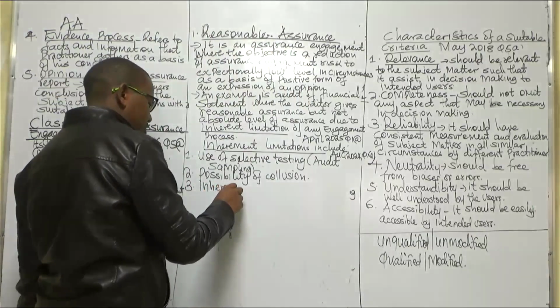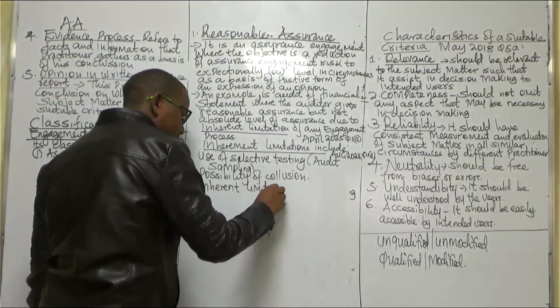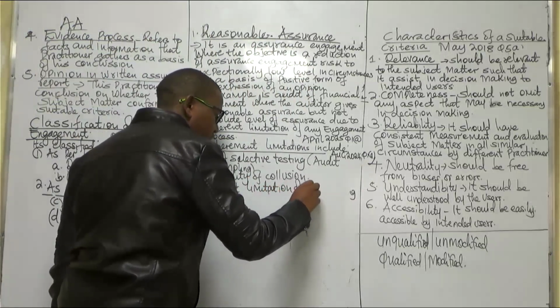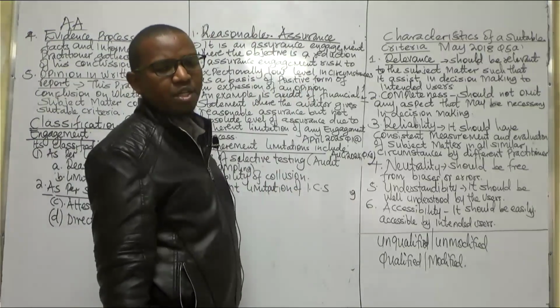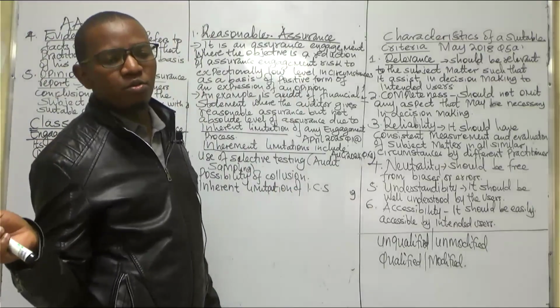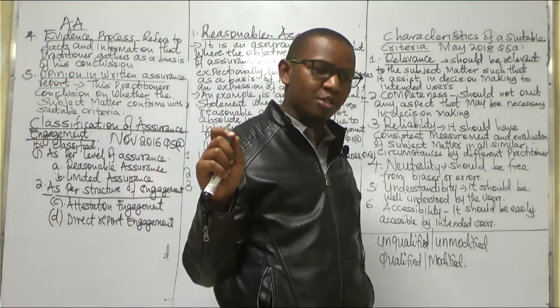Number 3 is the inherent limitations of the internal control systems. Now, this is generally when the auditor is ascertaining and evaluating systems.